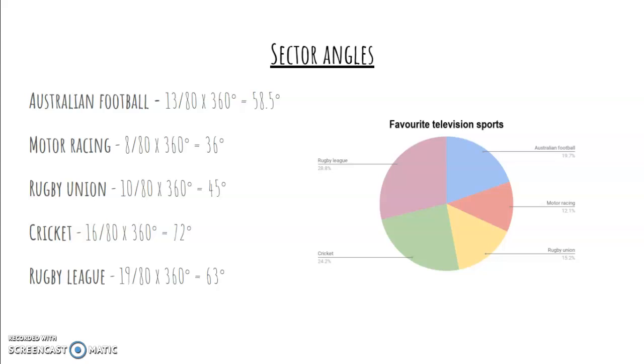So next one, sector angles. So for Australian football is 13 over 80 times 360 degrees, which is 58 degrees, and motor racing, which is 8 over 80 times 360, which is 36 degrees. So you get the point.